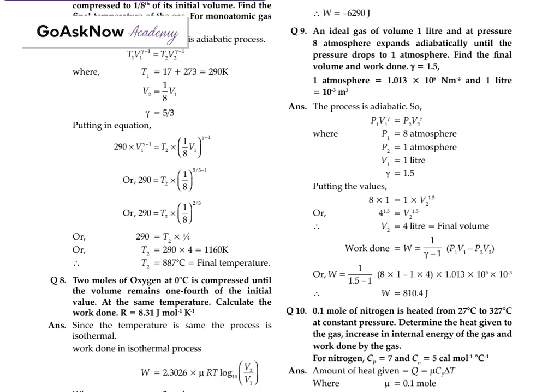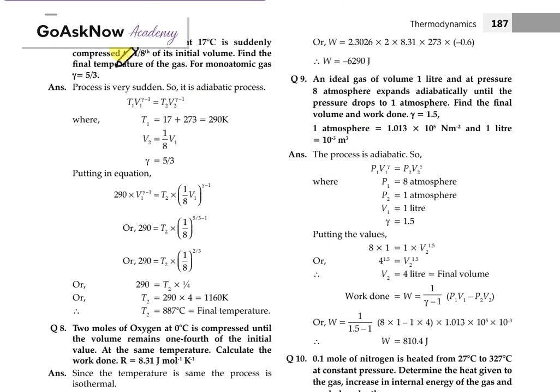Now, another question: a monoatomic ideal gas at 17 degrees Celsius is suddenly compressed to 1/8 of its initial volume. Find the final temperature. A monoatomic gas is given, and the process is very sudden, so obviously it is an adiabatic process. As we know, adiabatic is a fast process, so we conclude it as an adiabatic process.